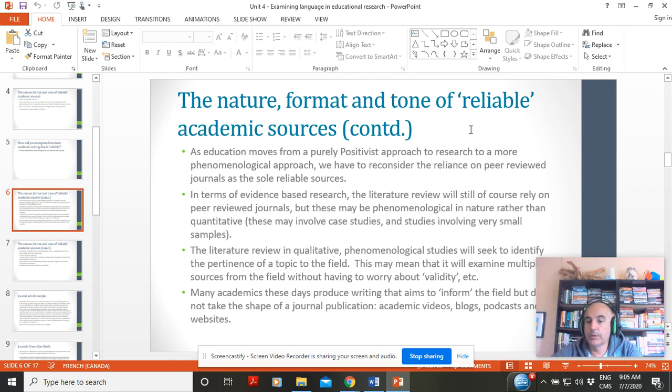And so more and more, we're going to have people wanting to include video and photos and discourse and storytelling. So you see the methodologies themselves are changing, and therefore, as people do academic writing, more and more they tend to want to include these forms of sources into their writing themselves.